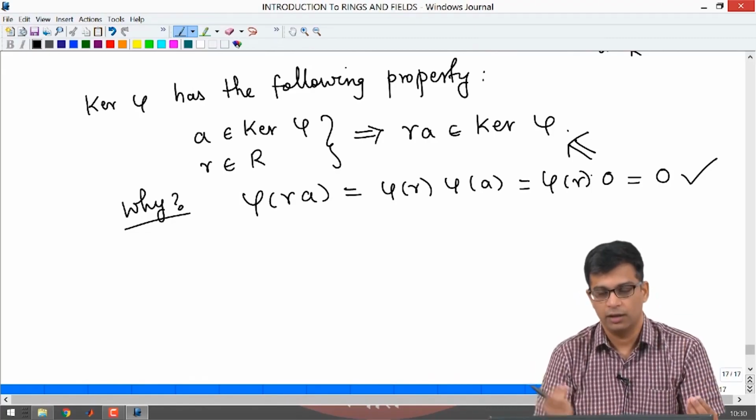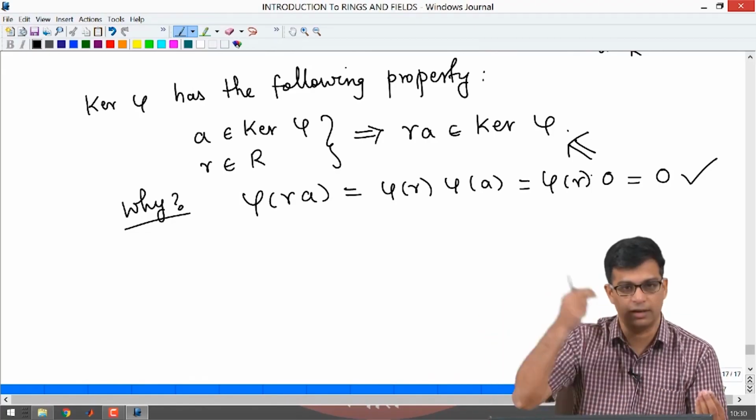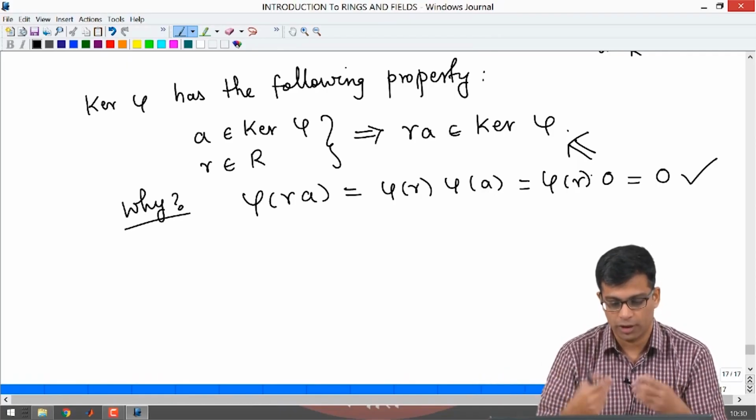Take anything in the kernel, take anything in the ring, even outside the kernel, and the product is in the kernel.